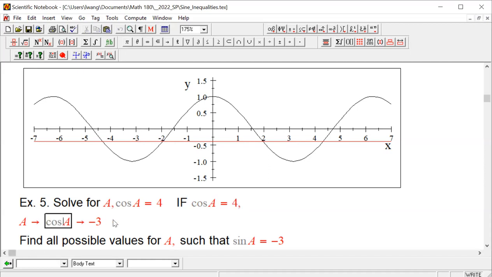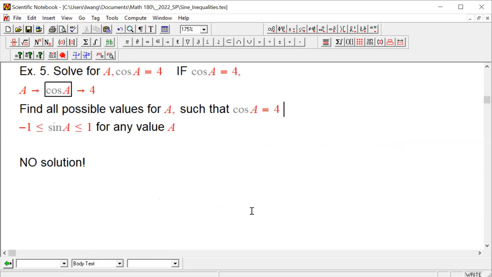Once again, we know the output, and you probably will be thinking about domain and range. And if you do, you are so right, you're heading in the right direction. Cosine has domain and range similar to that of sine. No solution, of course.